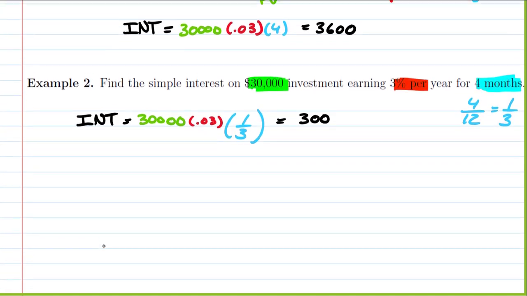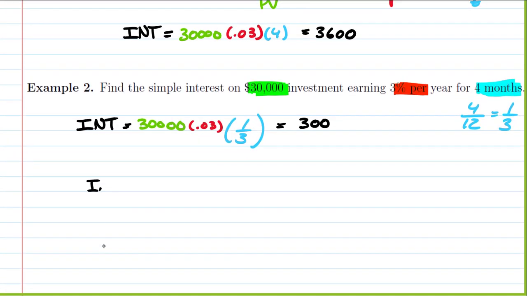So our current formula, as we mentioned, is INT equals our present value times our interest rate times T, where T is measured in years. And this is our annual interest rate, so that's our interest rate per year.